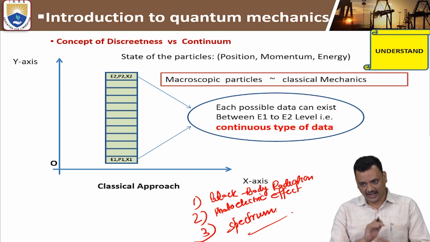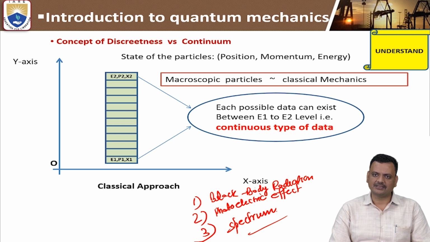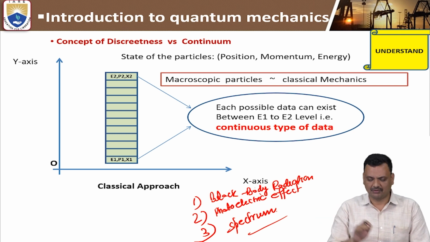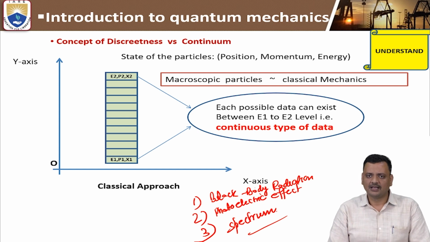And one broader classification is that classical mechanics deals with the macroscopic world, where you can see the particle with your naked eye, but at the microscopic or subatomic level you have to go with a new approach known as quantum mechanics.